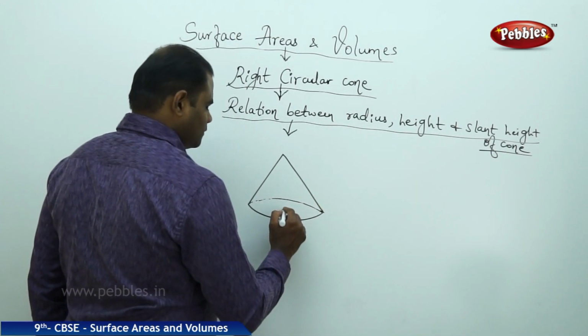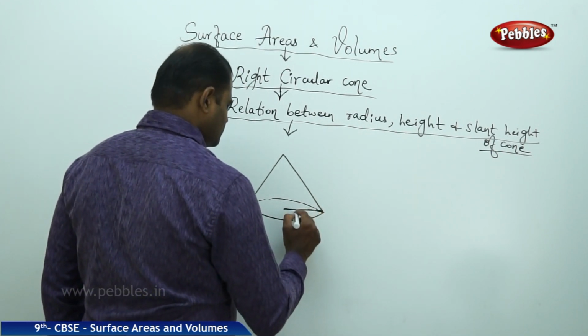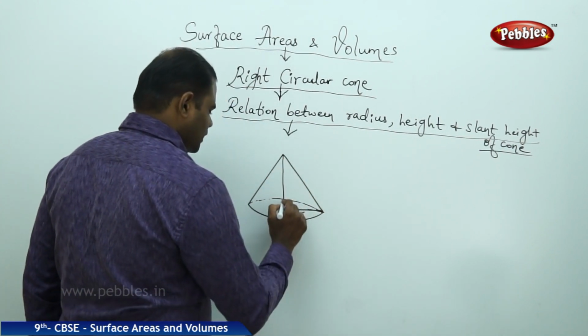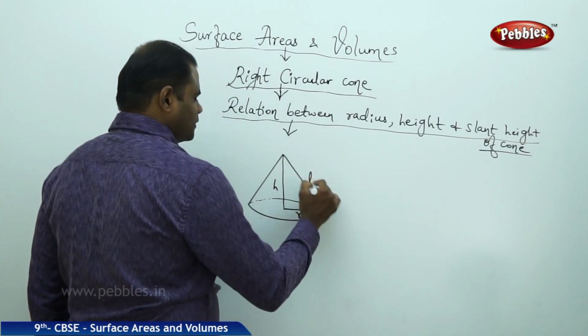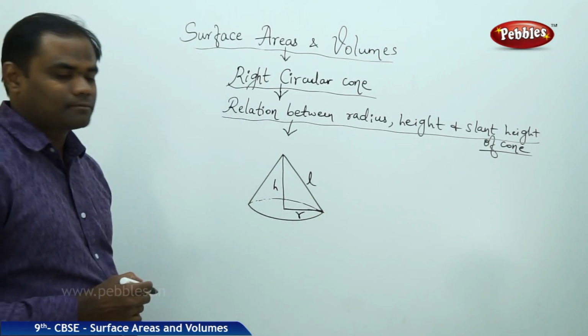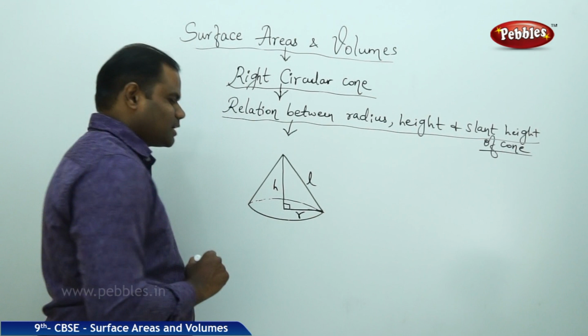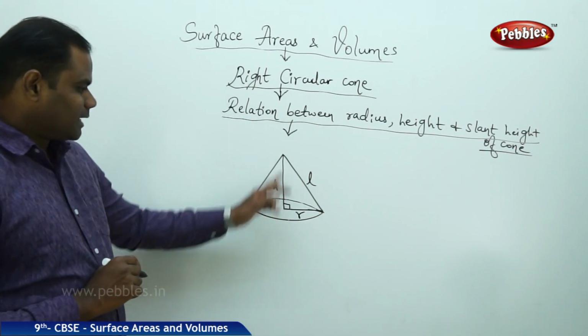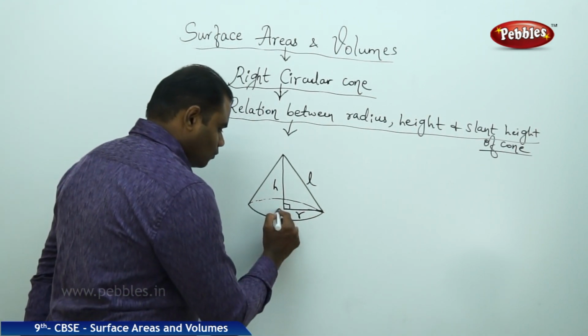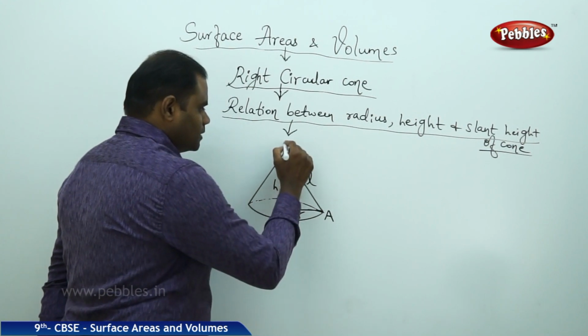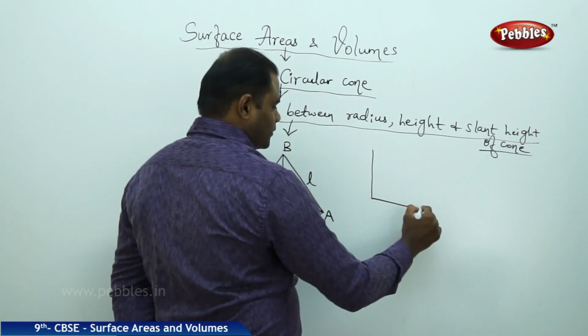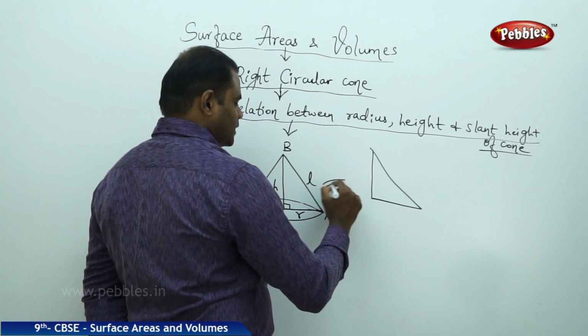So here I have the radius, here I have the height, and here I have the slant height. And of course, this is a right circular cone, so this is 90 degrees. Now clearly I see that this OAB forms a right angled triangle.